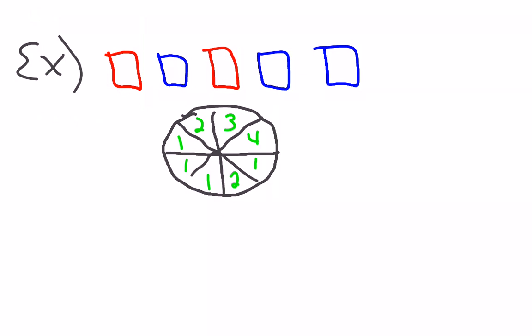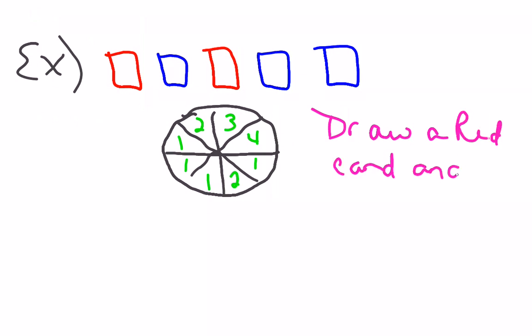What it's asking us is, what is the probability that you draw a red card and then spin a 1? So draw a red card and then spin a 1. Drawing the cards doesn't affect the spinning, and so these are independent events.